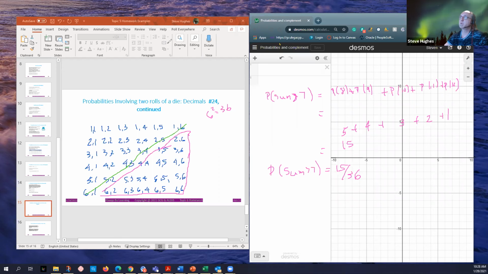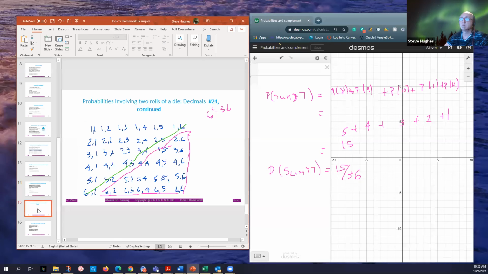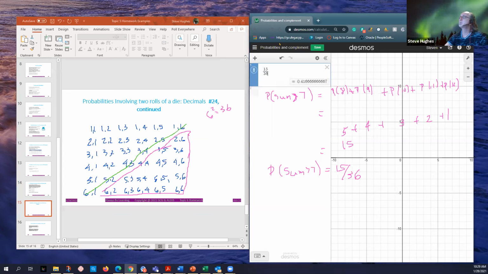Now, what was the next question? Next question said, the sum is divisible by 3. First of all, I want this in 2 decimal places, so I'm going to use my calculator here. 15 divided by 36 is 0.42, rounded to 2 decimal places.